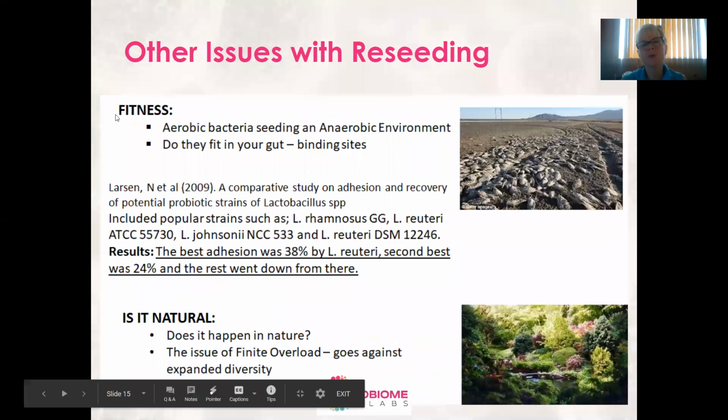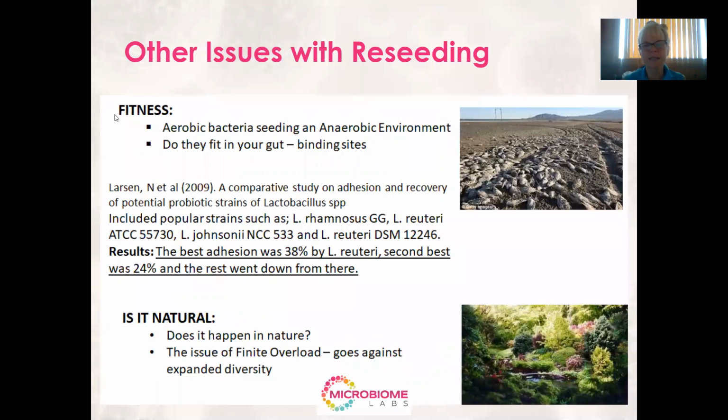So what are other issues in regard to that fallacy of seeding with probiotics? Here's a big one: the aerobic bacteria seeding in an anaerobic environment. Do they fit in the gut and the binding sites for the gut?